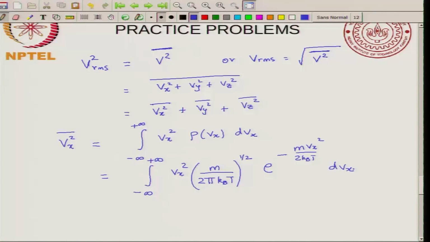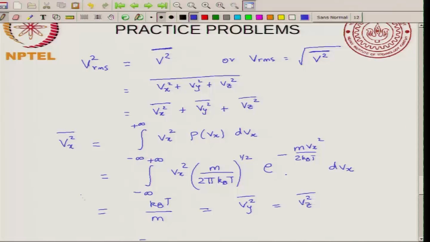So, this is the average of Vx square, and when you do this integral, you will get k b t by m. All the other factors will go off, and what you will be left with is k b t by m. You can similarly show that this is equal to the Vy square average and the Vz square average. This part takes a little bit of work to show, but it is not very difficult.